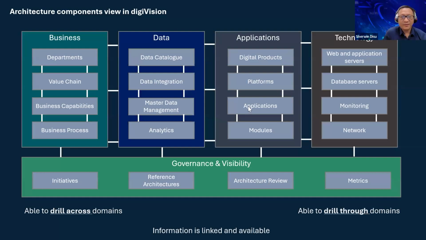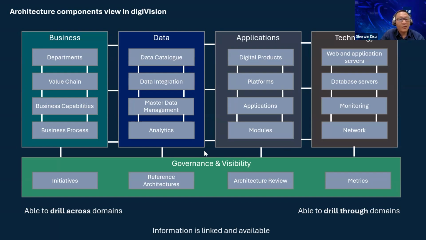Thanks, Dean, for presenting the business architecture. So, yeah, it's crucial for IT to align with the business goals and direction of the organization. Alignment here means mapping the data, applications, and technology layers of architecture to the business architecture.